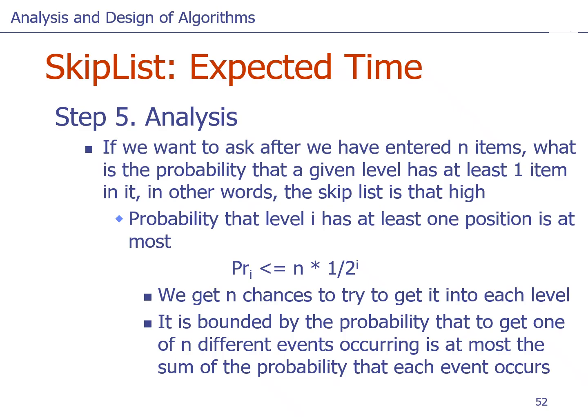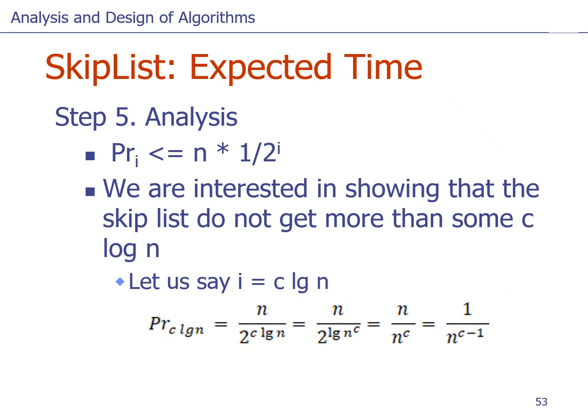That's why it's n multiplied by the chance. Okay? So I have n chances where each chance's probability of success is 1 over 2 to the I. Okay? Now, the probability of at least one item reaching some level I is going to be, as we mentioned in the previous slide, n multiplied by 1 divided by 2 to the I. Okay?